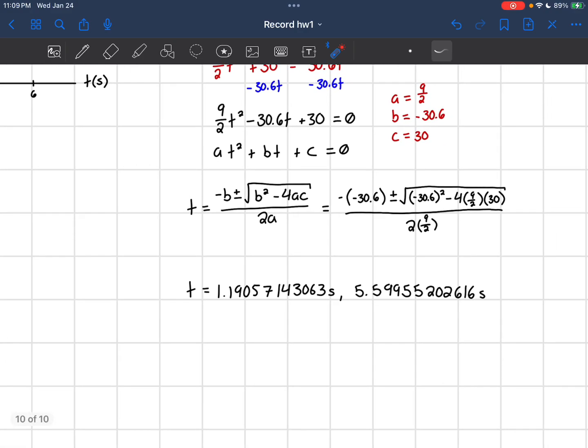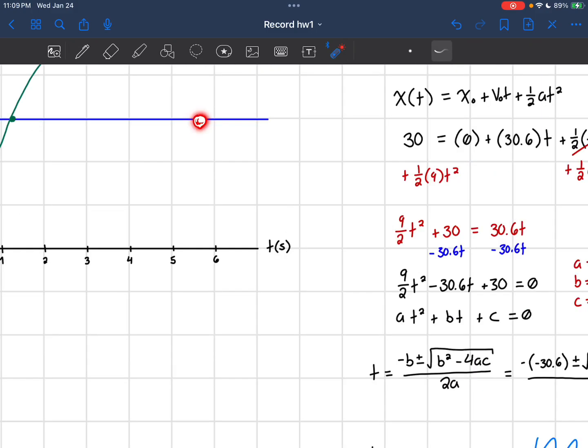Right? So that tells me that this is not the answer, right? That 5.59 seconds, that would be if the car continued to accelerate at that constant acceleration and backed over the Roadrunner.